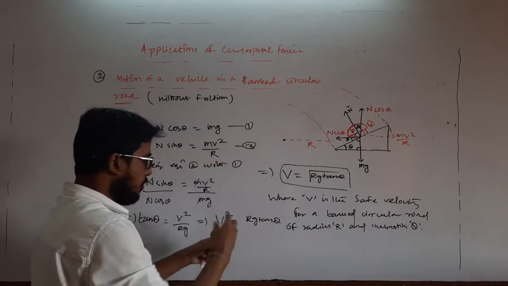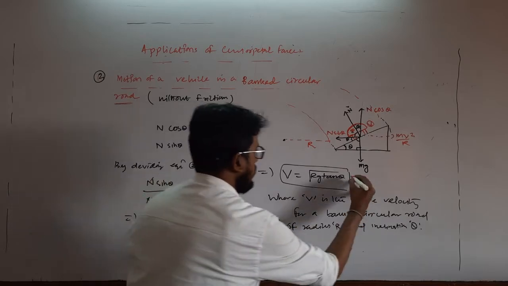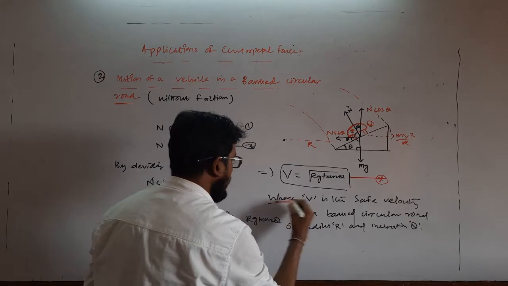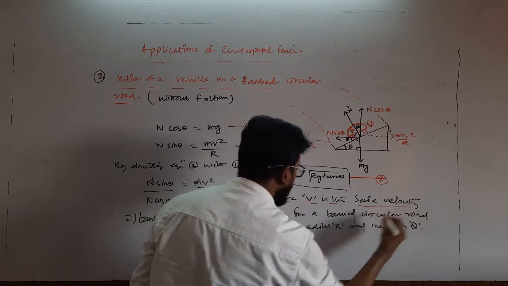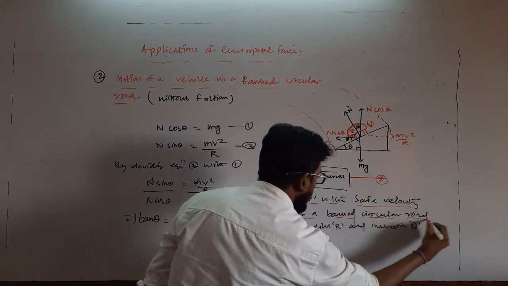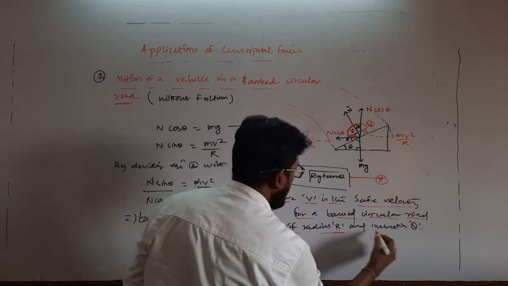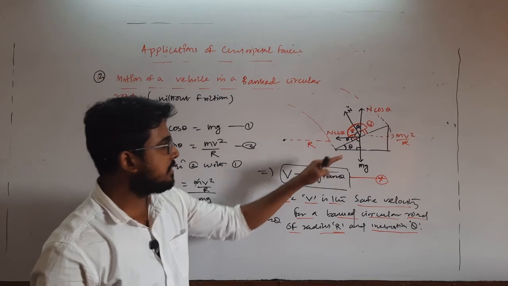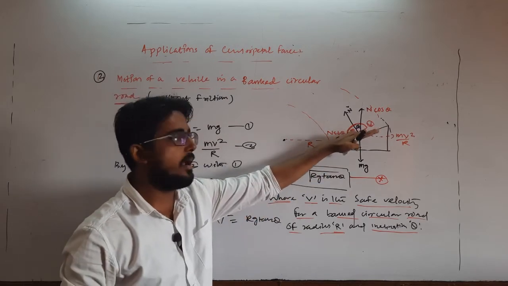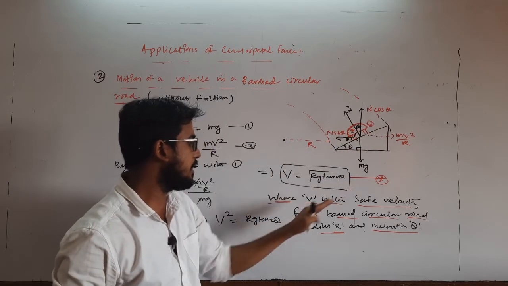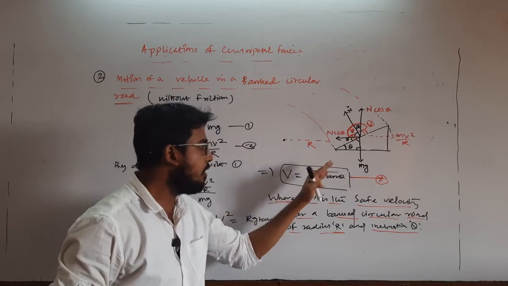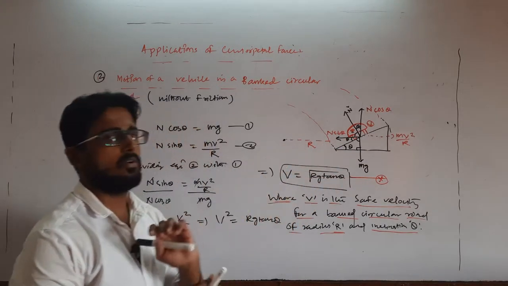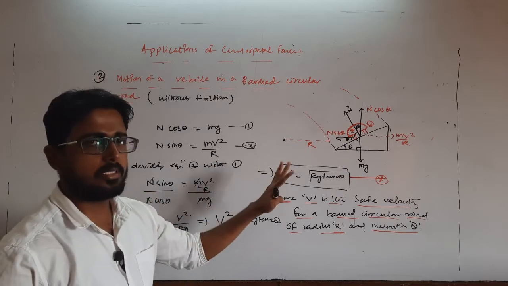So you have to remember this relation, v equals root of r g tan theta, where v is the safe velocity for a banked circular road of radius r and inclination theta. If the circular track has a radius r and the inclination or banking with respect to the horizontal is theta, then the safe velocity for a vehicle to take a turn is the square root of r g tan theta. Clear? You have to remember this relation.